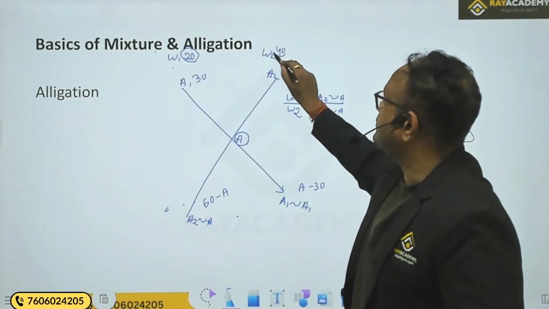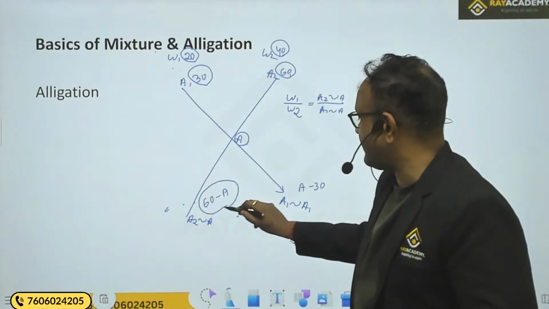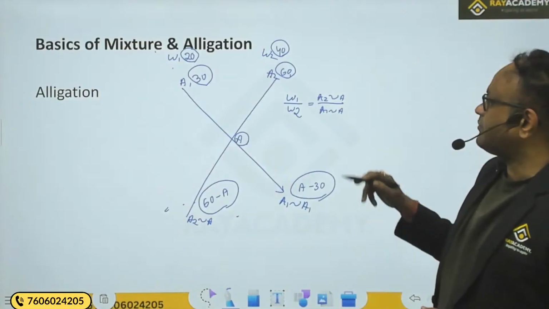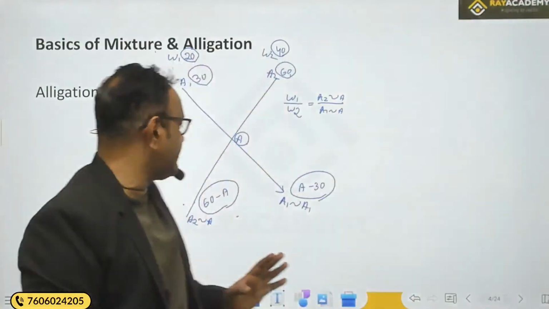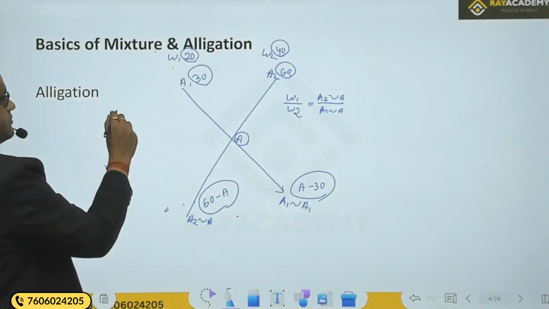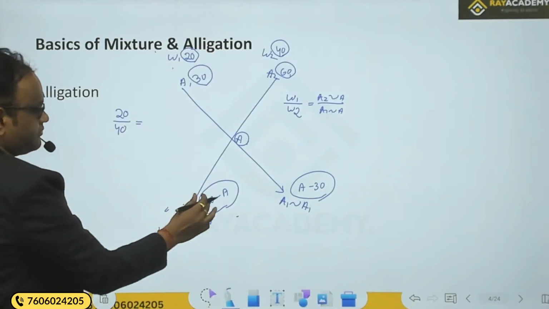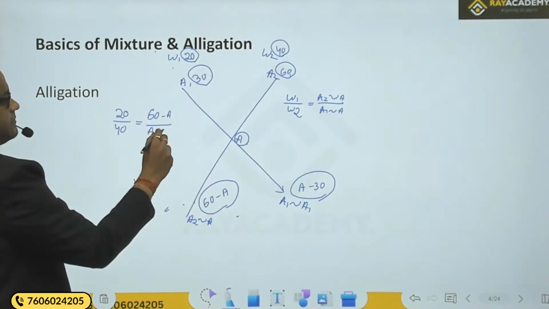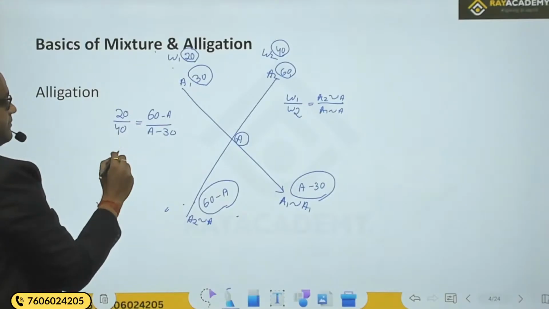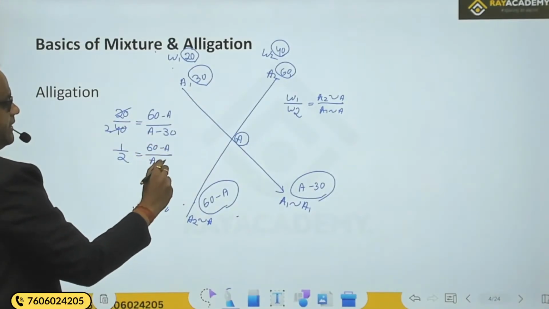W1, W2, A1, A2, and this difference is there, this difference is there. Now you have to put the formula. W1 by W2, that is 20 divided by 40, is equal to 60 minus A divided by A minus 30.